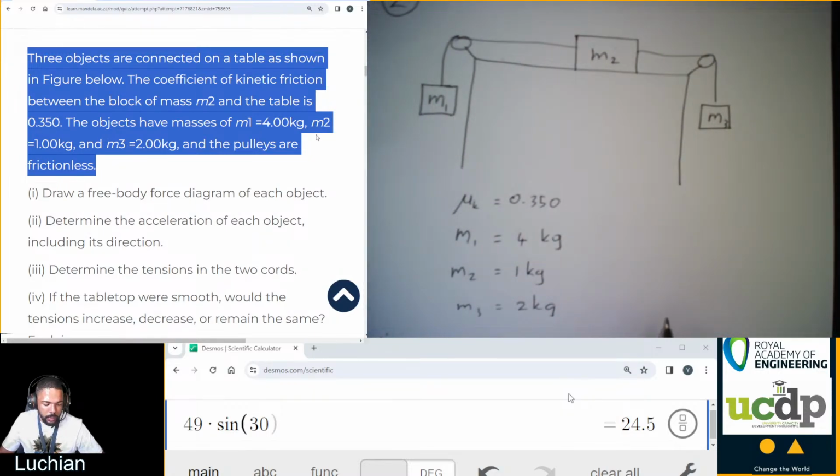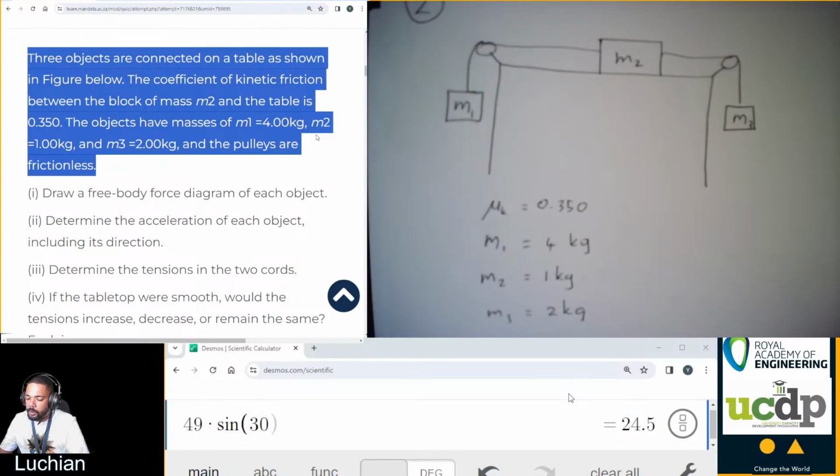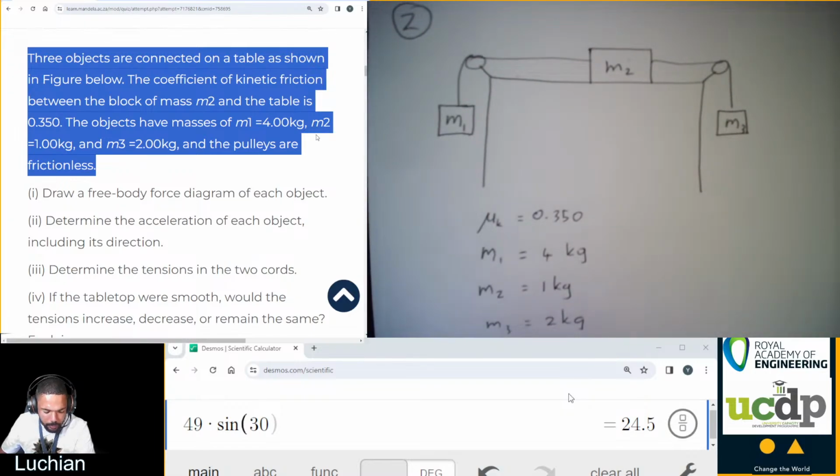Okay, so a free body diagram, let me see. For M1, we have the force of tension pulling it up, but its own gravity pulling it down. So its weight is just the weight of M1.